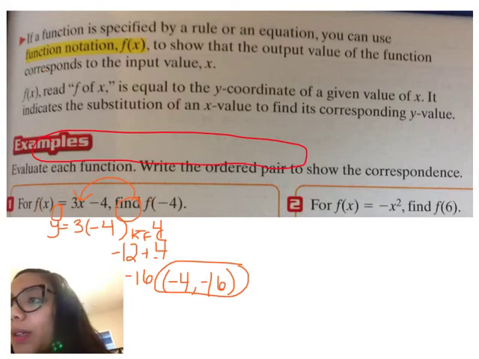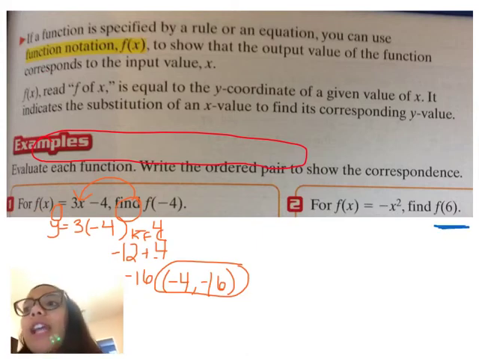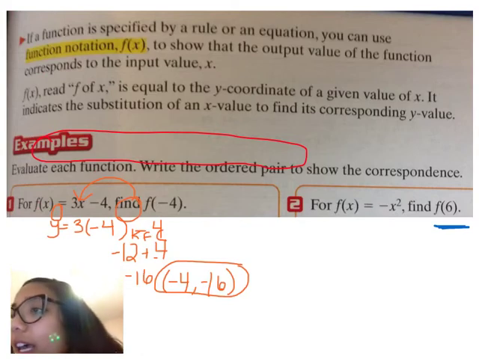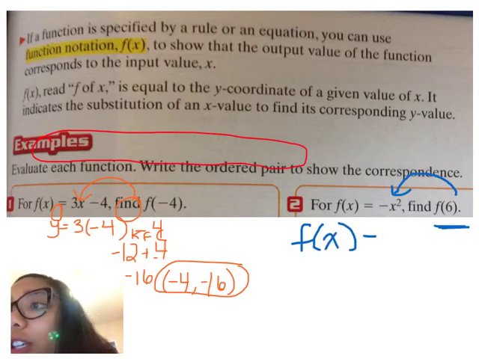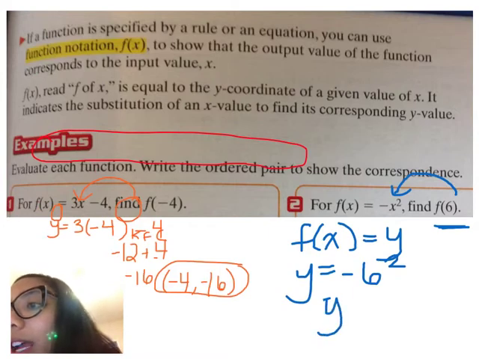So if f of x equals -x squared, find f of 6. That means I'm plugging that into my equation. Remember, f of x just equals y, always. So I'm going to rewrite it as y equals -x squared, and put in -6 squared. -6 squared is -6 times -6.